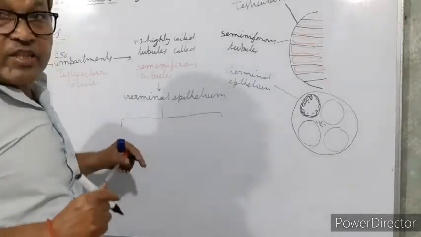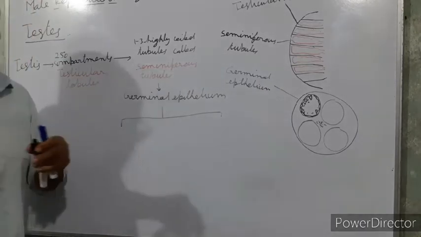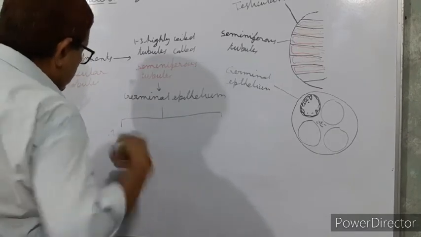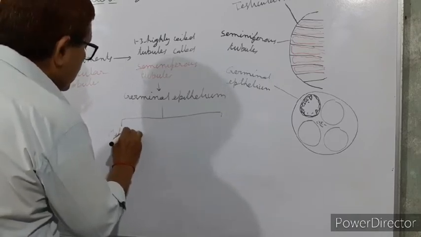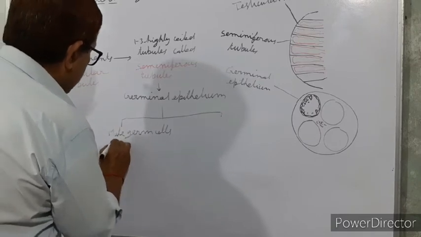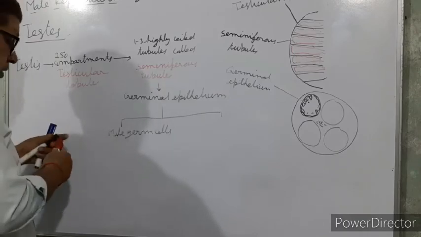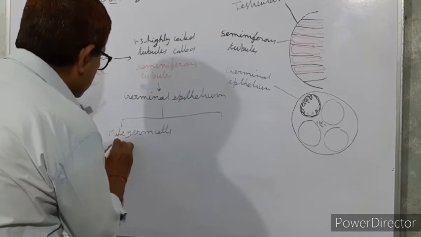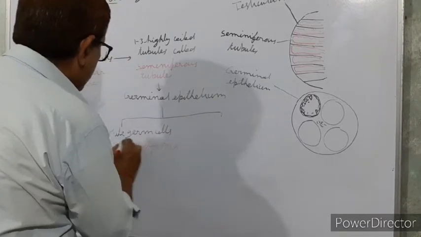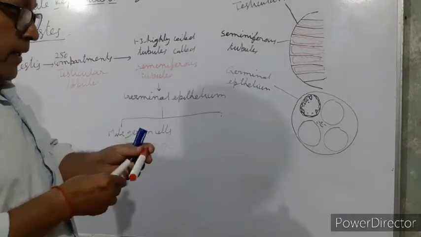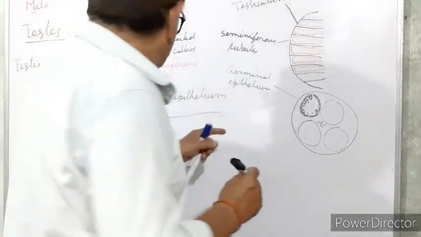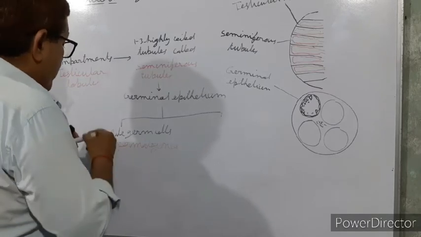One is the male germ cells, or spermatogonia, and the other is the Leydig cells.